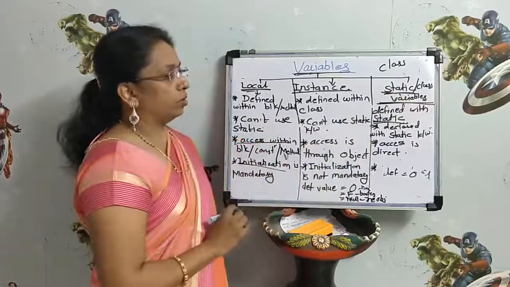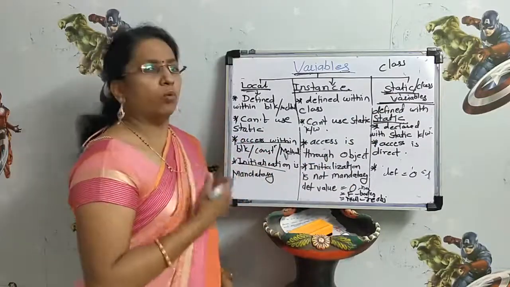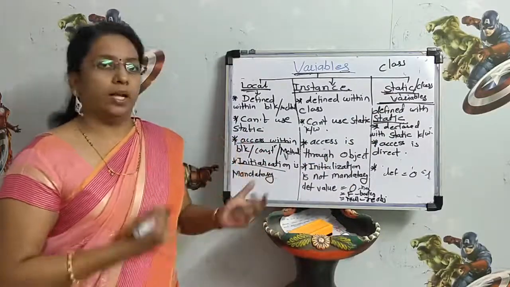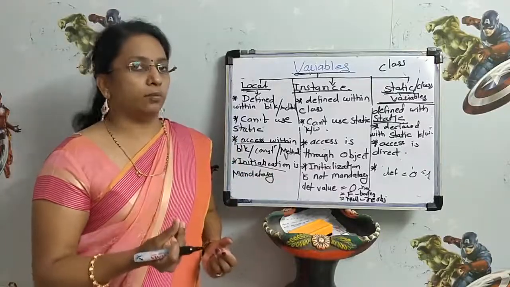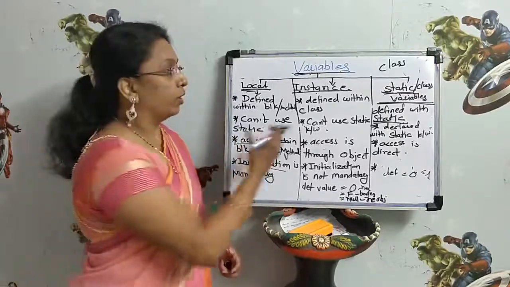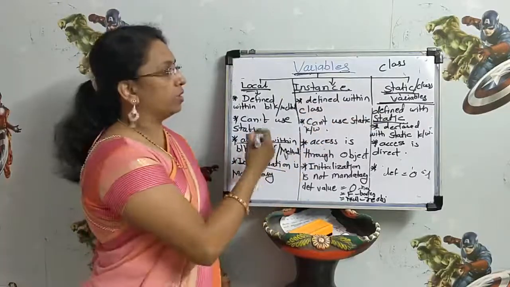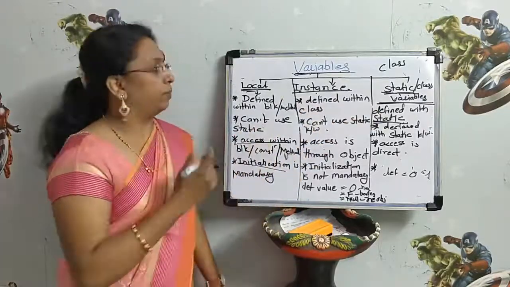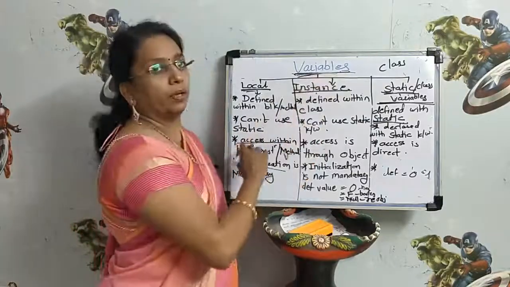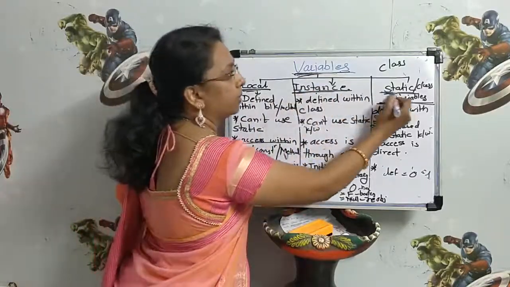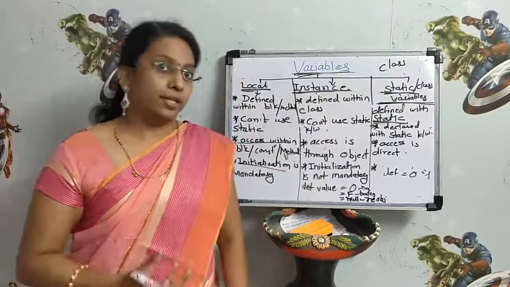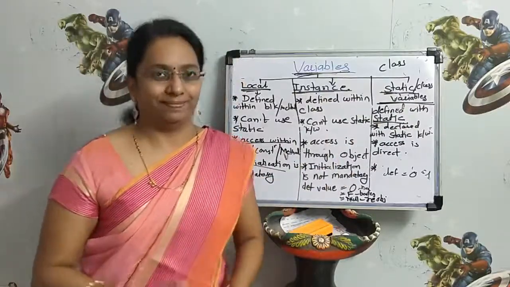So to get more clarity on this topic, let's execute one small example so that logically you will be able to understand the concept of variables, what is local, what is instance variable, and what is static.